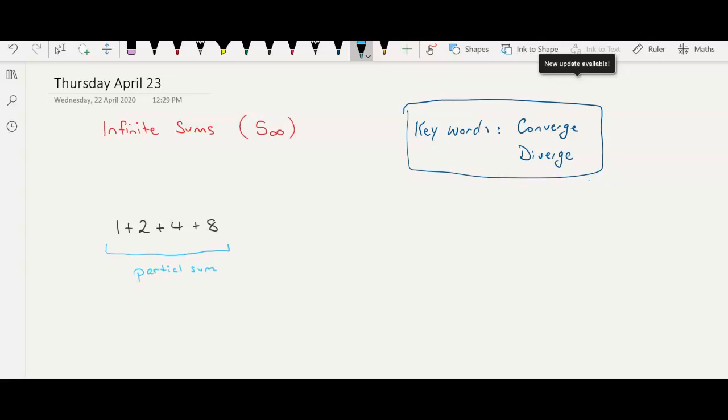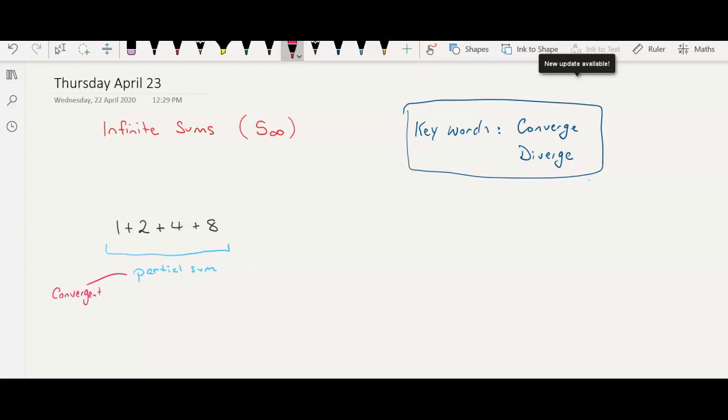Remember, sequences can be finite or infinite. So this is a finite sequence, so it's a partial sum. Now we can work that sum out. That's 15, and so that converges. The partial sum here is definitely convergent. We'll just make a note of that.